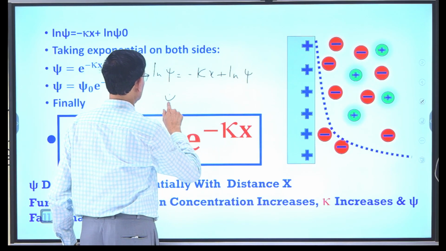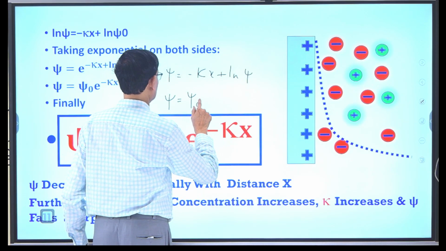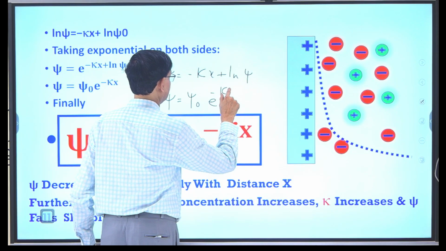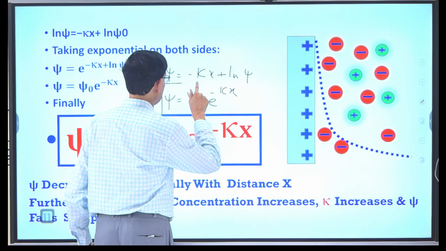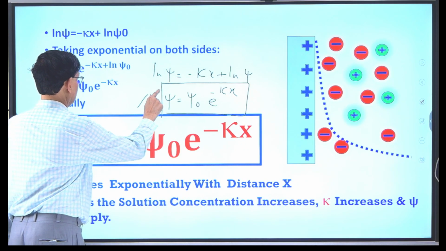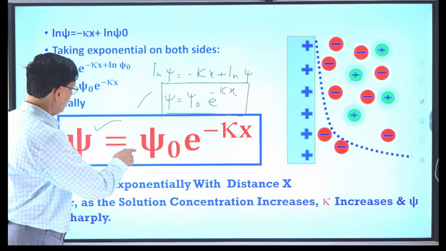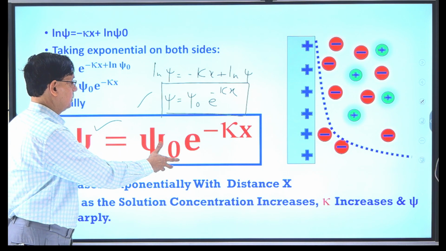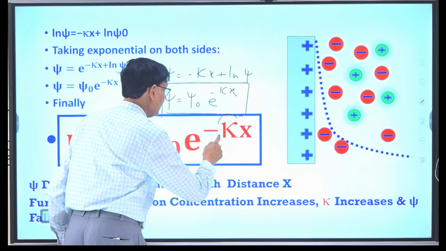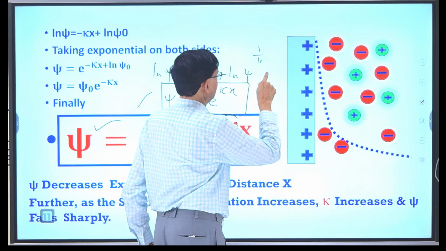So, you know, very simple. Exponential minus kappa x. This is another equation finally. So we are getting psi is equal to psi 0 exponential minus kappa x, equation number 2. This kappa is again and again just like 1 by the Debye length.